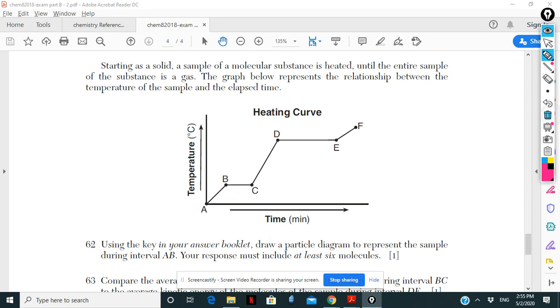So what does it mean again? At A, I have solid only. At B, I have solid and liquid. At C, I have liquid only. At D, I have liquid and gas. At E, I have gas only. Okay, so here the phase is solid. Here the phase is liquid. Here the phase is gas. Now we understood the chart.